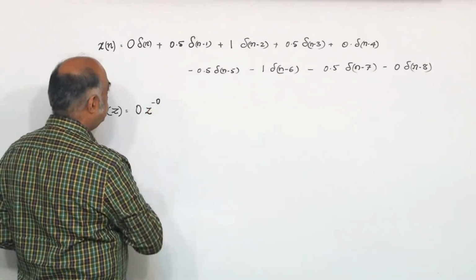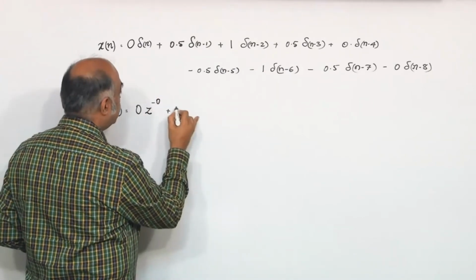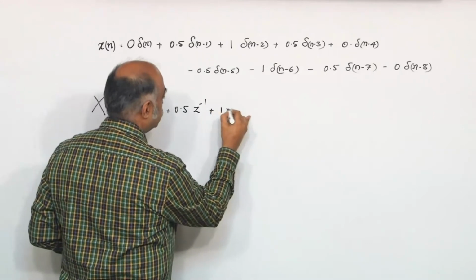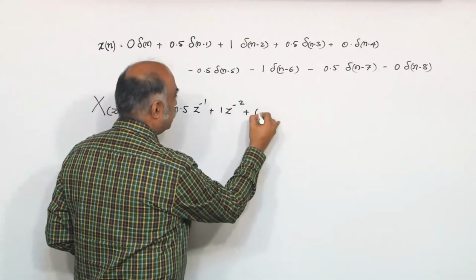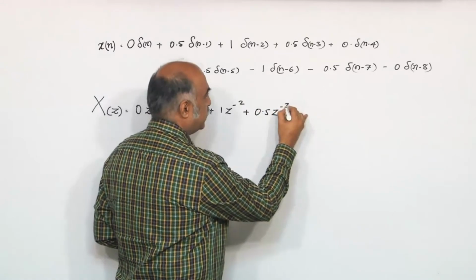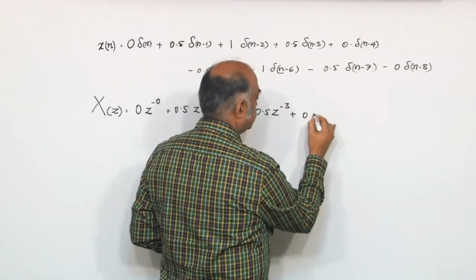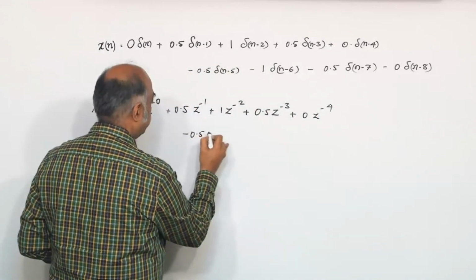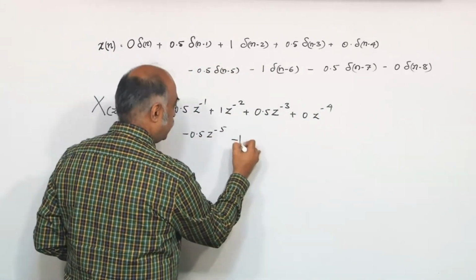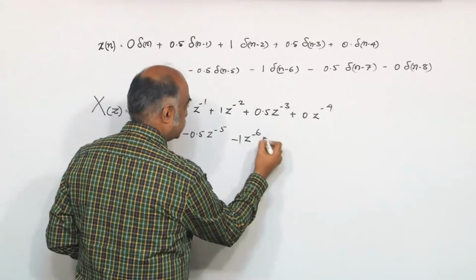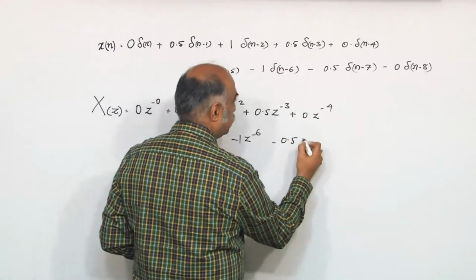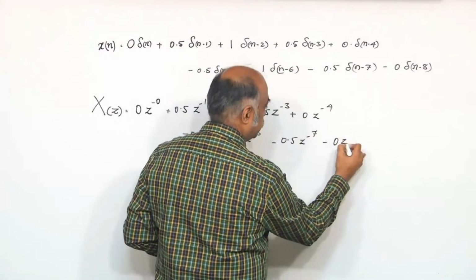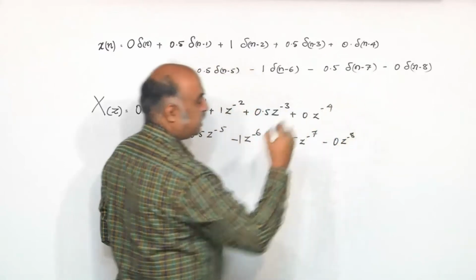This is at 0T, 0.5 z to the power of minus 1 plus 1 z to the power of minus 2 plus 0.5 z to the power of minus 3 plus 0 z to the power of minus 4 minus 0.5 z to the power of minus 5 minus 1 z to the power of minus 6, minus 0.5 z to the power of minus 7 minus 0 z to the power of minus 8.